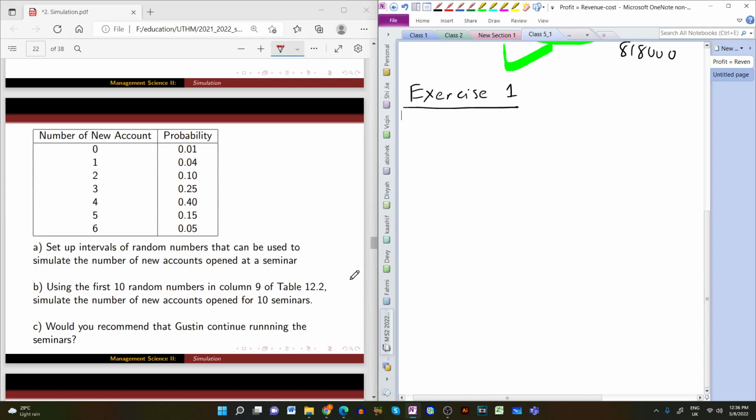All right, so these are the probabilities of creating a new account in each seminar. So for this you develop an interval.